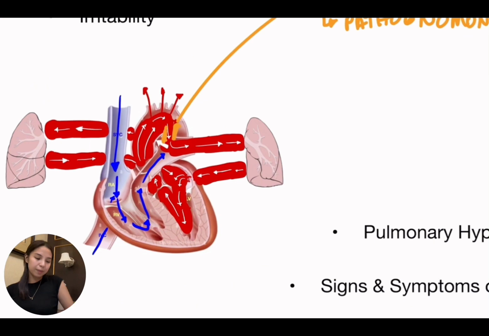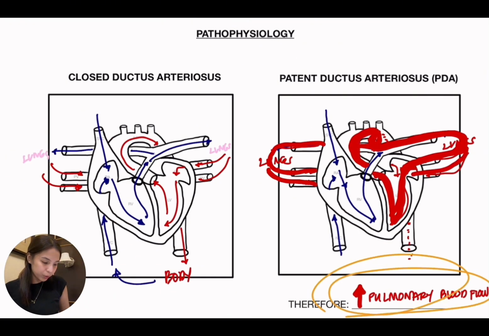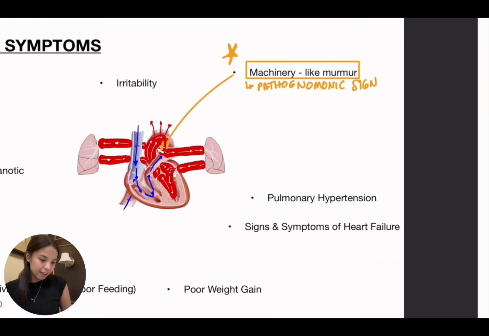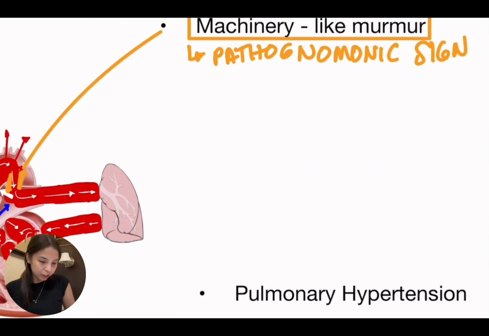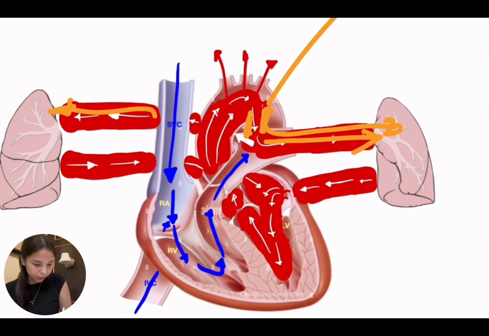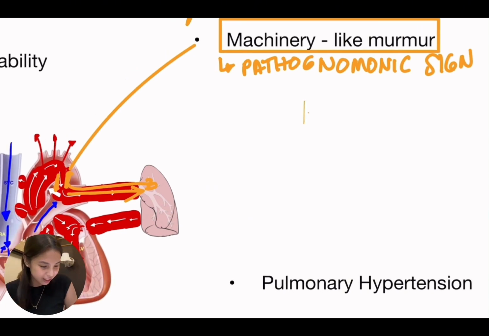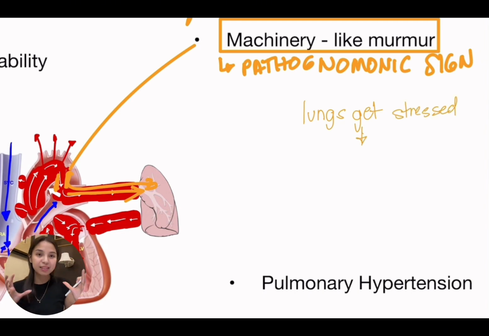Now another, what did we say? That there is an increase in pulmonary blood flow, right? So when there is an increase in pulmonary blood flow, the blood keeps going to our lungs. The lungs get stressed, guys. The lungs get so stressed. And when the lungs get stressed, what happens? The arteries become narrow.